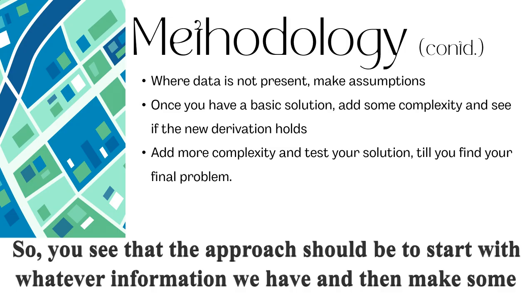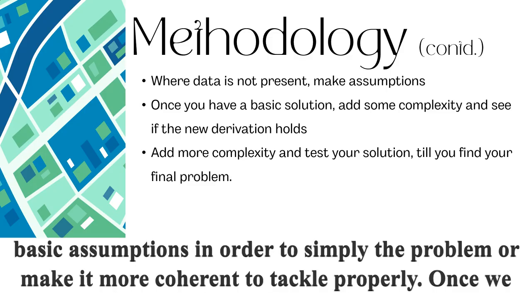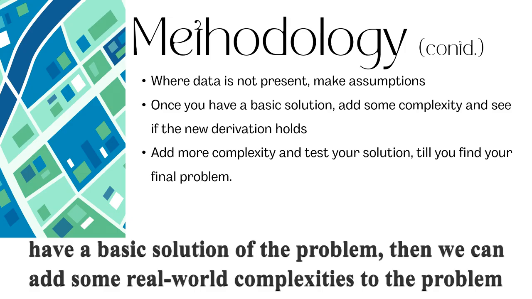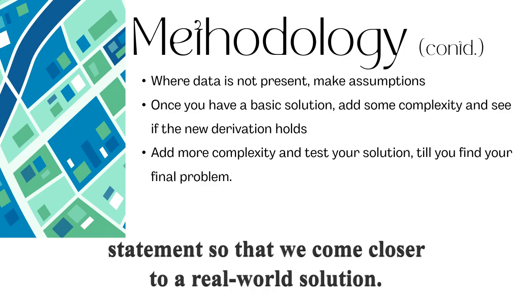So, you see that the approach should be to start with whatever information we have and then make some basic assumptions in order to simplify the problem or make it more coherent to tackle properly. Once we have a basic solution to the problem, then we can add some real world complexities to the problem statement so that we can come closer to a real world solution.